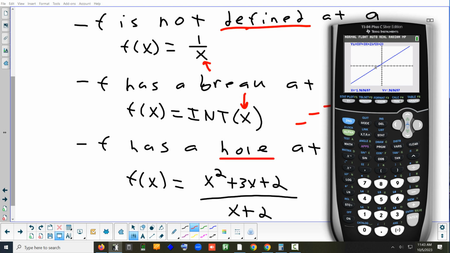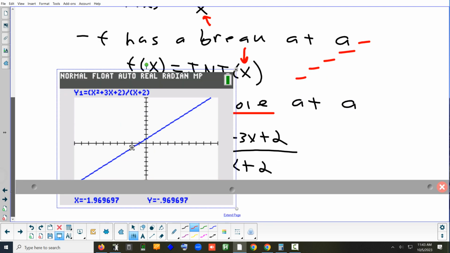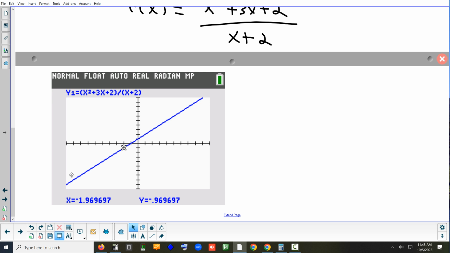So when you draw something like this, if you really want to show that there is a hole in the graph, the way you should draw it is put a circle on -2, like that. That's how you show there's a hole in the graph. So you can draw your line, but you'd never know there's a hole by looking at it.